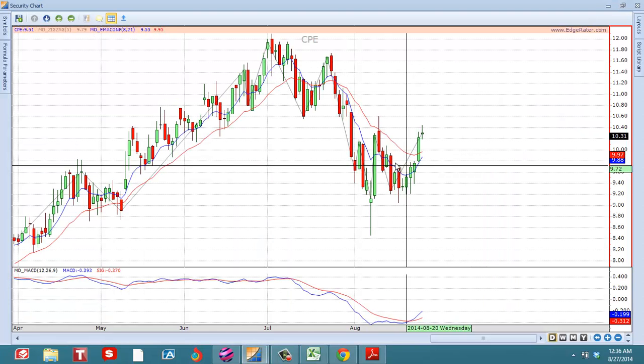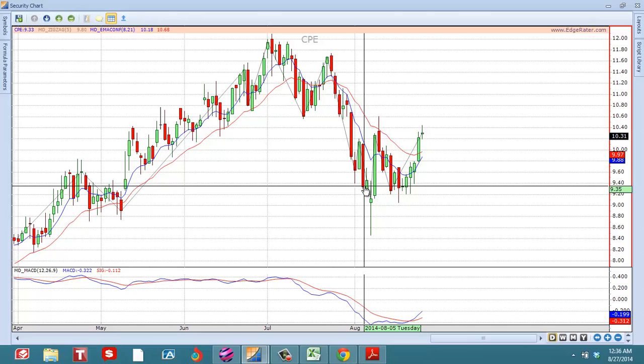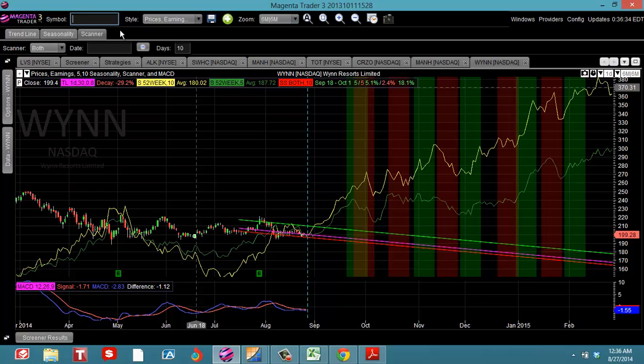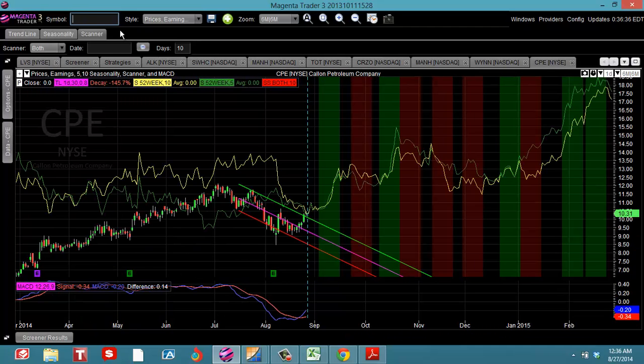Let's look at CPE. Now CPE, you can see right here how it made a low, then it made almost an equal low right here, and it has a nice W pattern telling us it wants to head up here. Now let's take a look at how it looks on the seasonal, and you can see how it's petroleum, right?